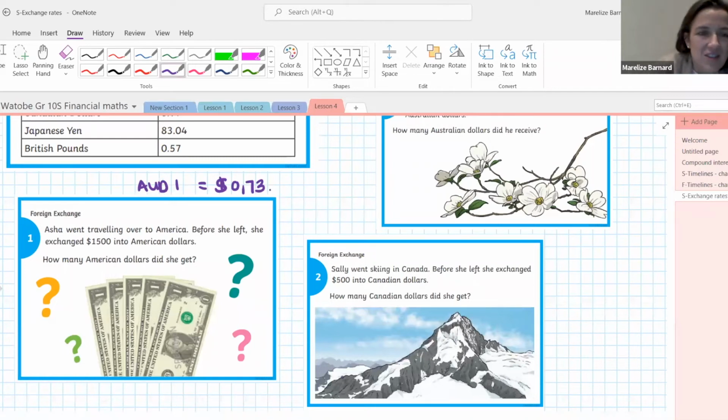So she's exchanging, Asha, 1,500 Australian dollars, and then how much does she get for American dollars? Pop it in the chat. And does anyone maybe want to unmute and tell us how they got that?